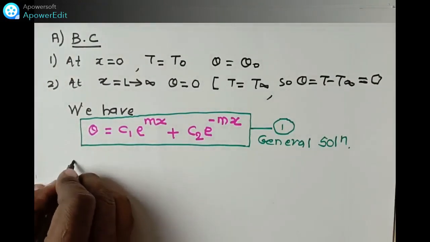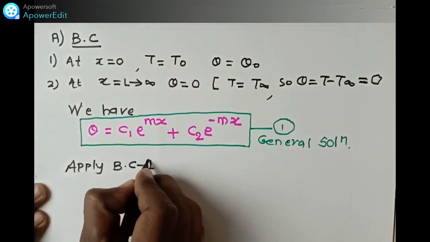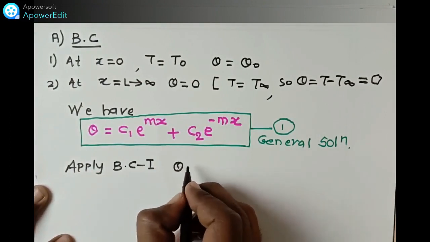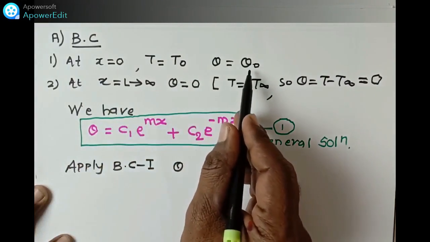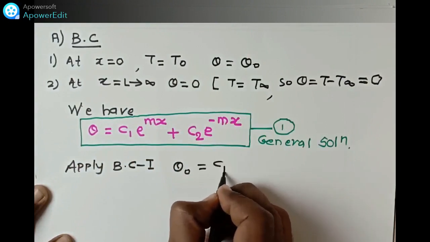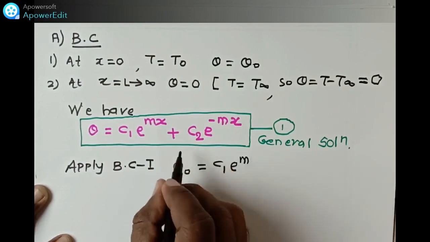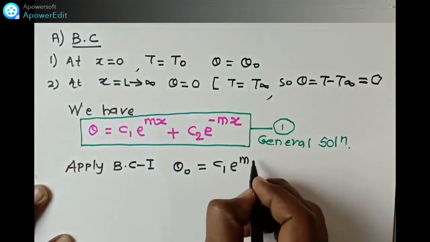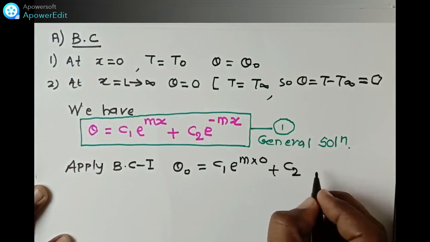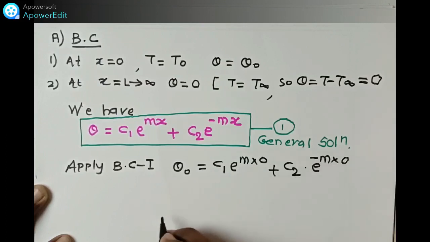Now applying the first boundary condition, we have theta in this case equal to theta 0, which is equal to C1 into e raised to m into 0, since the x value at the first boundary condition is 0, plus C2 into e raised to minus m into 0.